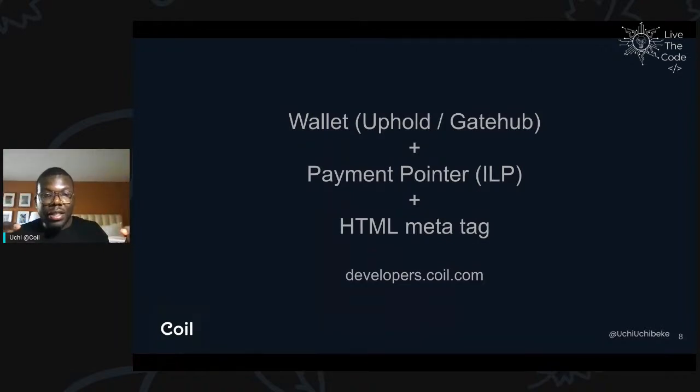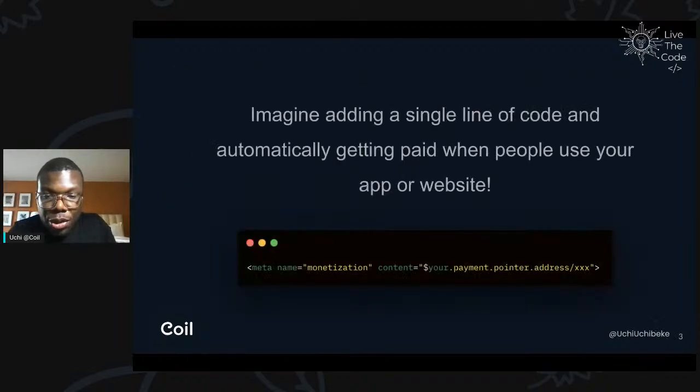So the wallet could be from any Interledger supported wallet. And currently, there are two platforms you can get the payment pointer from, Uphold and GitHub. Once you sign on to these platforms, you would get an Interledger payment pointer, just like this. I'm going to scroll back. So your payment pointer will look like this. You will see a real payment pointer in a bit when I do the demo.